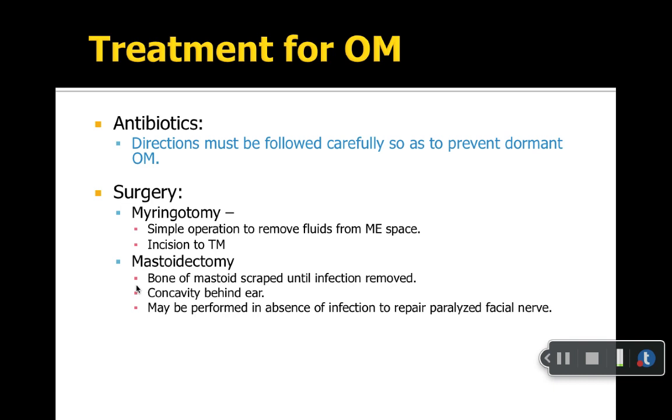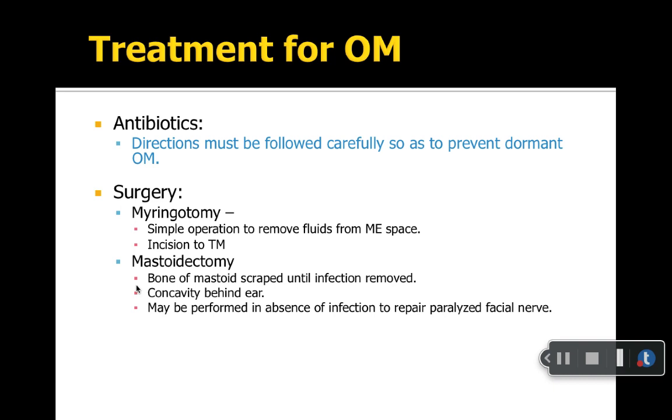There is surgery, a myringotomy, to remove the fluids of the middle ear space. There's an incision made through the tympanic membrane, or a mastoidectomy, where the mastoid bone is scraped. For people born during the Depression, I remember my grandfather had this, someone who had a severe ear infection before they had antibiotics, the way that they treated it was they just scraped it out.